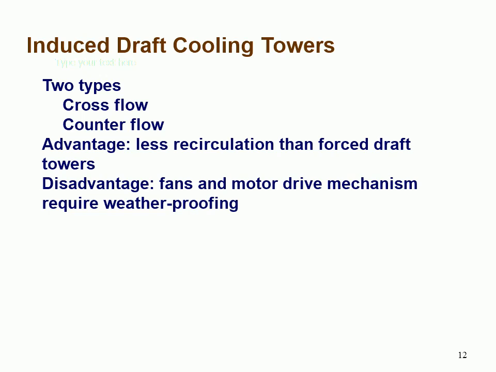Two types of induced draft cooling towers, cross-flow and counter-flow. Advantage: less recirculation than forced draft towers because the speed of exit air is 3 to 4 times higher than entering air. Disadvantage: fans and the motor drive mechanism require weatherproofing against moisture and corrosion because they are in the path of humid exit air.